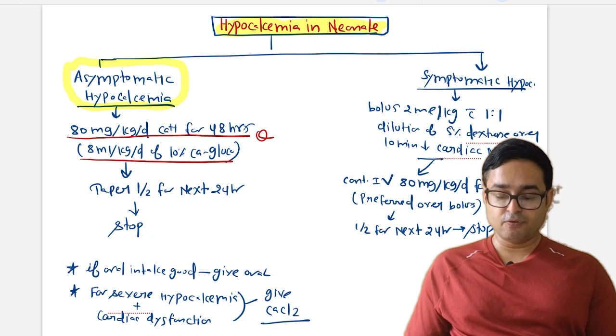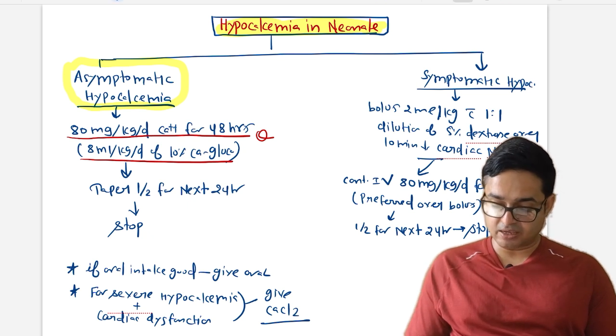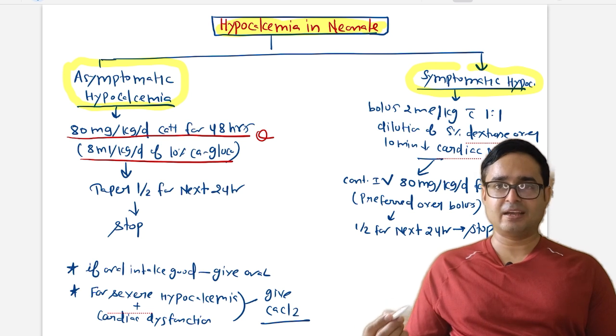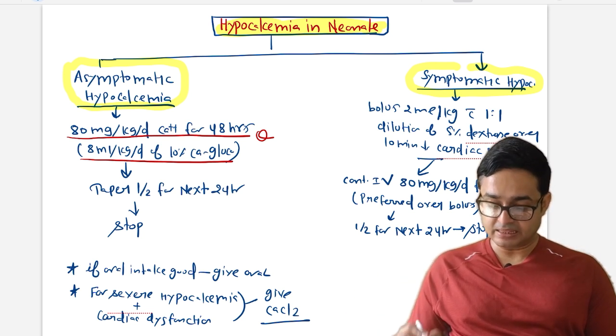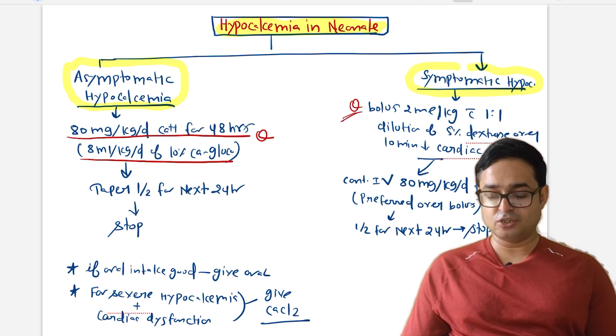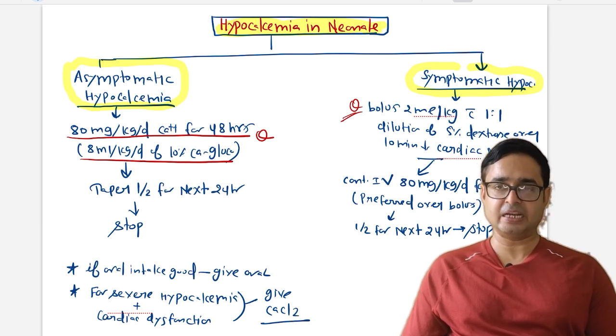But if you find your neonate is having symptomatic hypocalcemia, similar to symptomatic hypoglycemia, in this also you have to give 2 ml per kg of 10% calcium gluconate diluted 1:1 in 5% dextrose as a bolus over 10 minutes under strict cardiac monitoring.